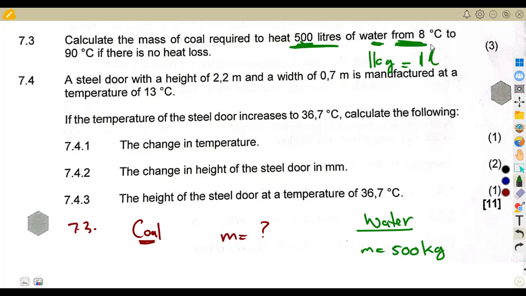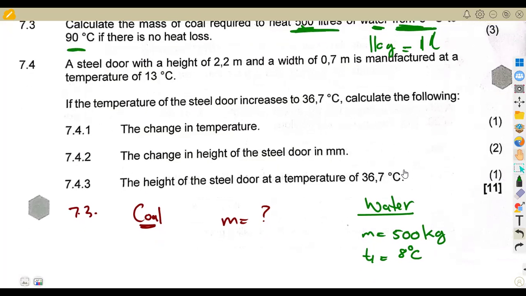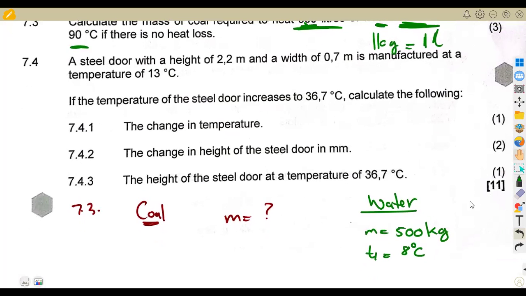It is heated from the initial temperature T1 of 8 degrees Celsius to the final temperature T2, which is 90 degrees Celsius.